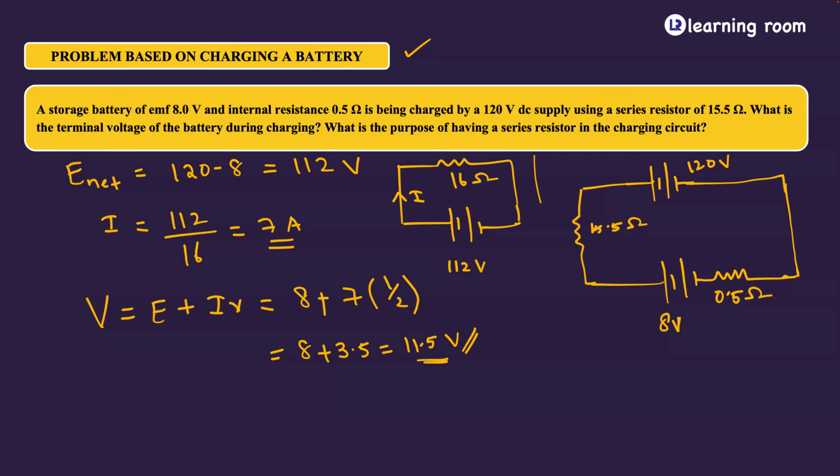Other cells in parallel. E by R is equal to E effective by R effective is equal to E1 by R1 plus E2.